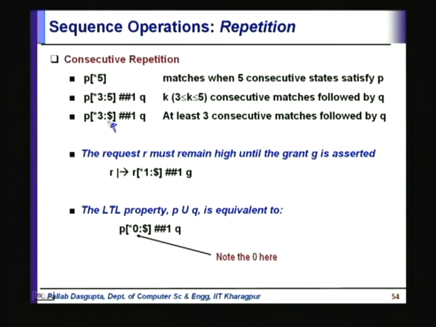If by the end of simulation Q has still not been satisfied, it will report that this property was not finally matched, because we did not have a refutation, in the sense that we did not end up with not P and not Q, but we did not get the match either, in the sense that we did not get Q. On the other hand, if you get Q somewhere and P holds on all the states preceding that, then this is going to match, provided that the number of matches of P is at least 3.